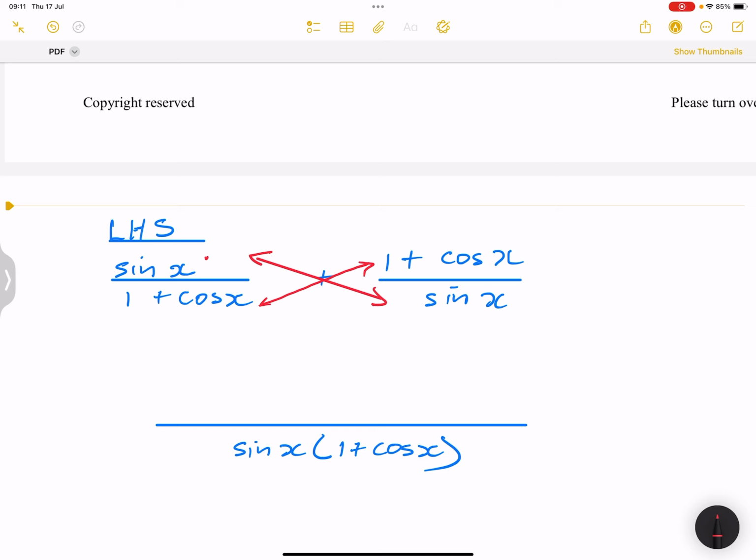So what do I end up with? For my numerator, I'll have sine x times sine x. That will give me sine squared of x plus, right? So in between I had a plus sign there. I've got 1 plus cos x times 1 plus cos x. So that's 1 plus cos of x squared.